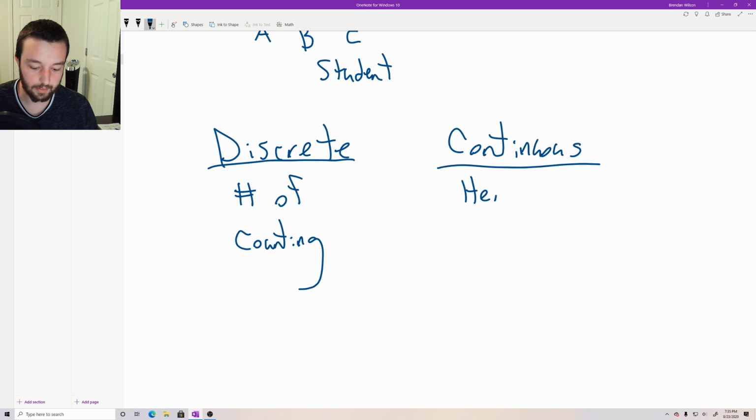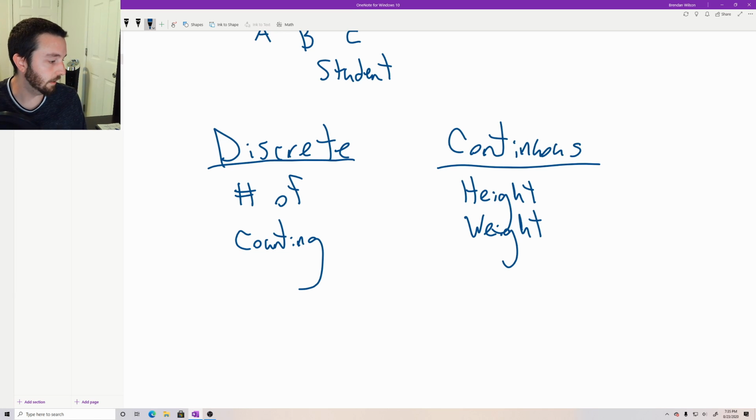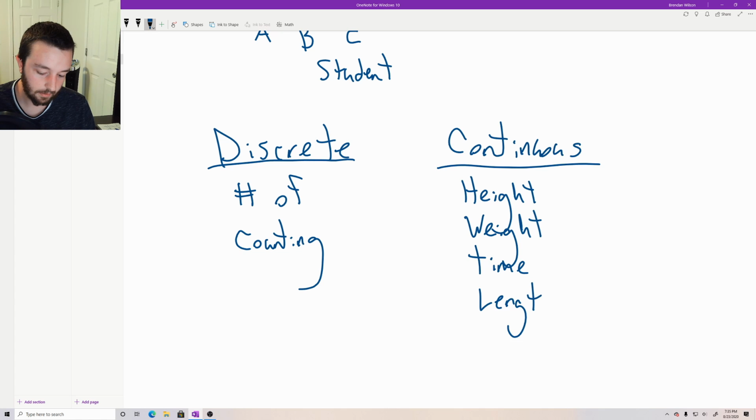Continuous could be something like height, right? That's something that we measure. Weight, that's something that we have to measure. Time, that's a big one that we have to measure. Length, okay.